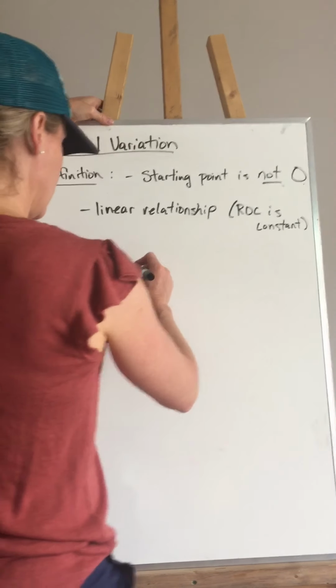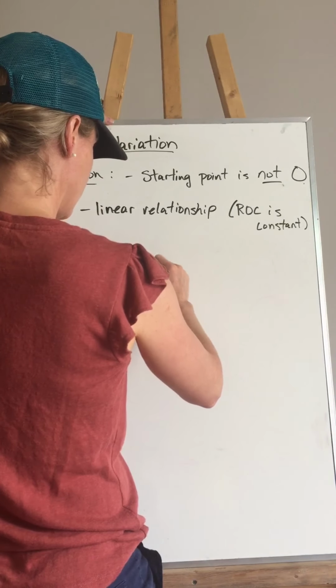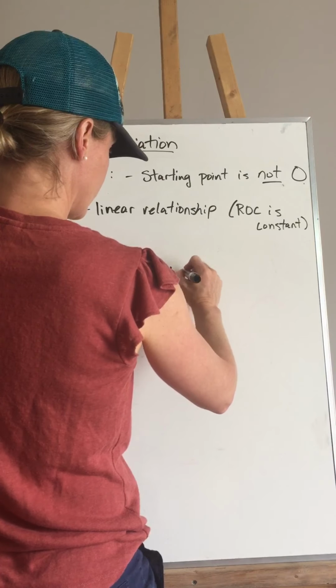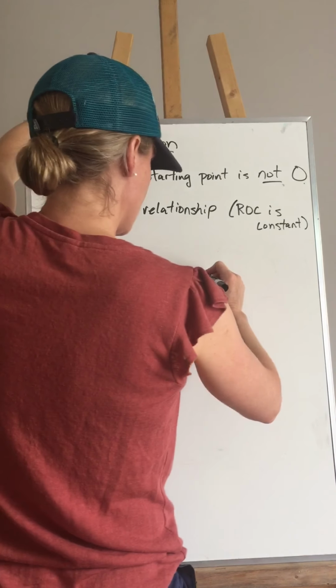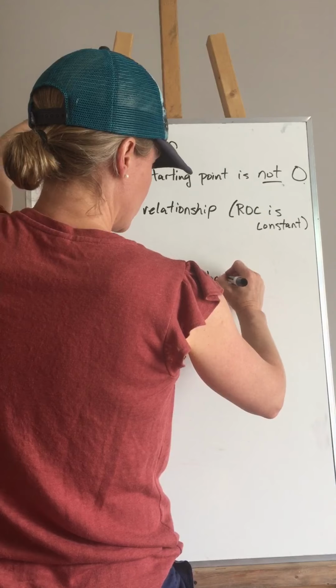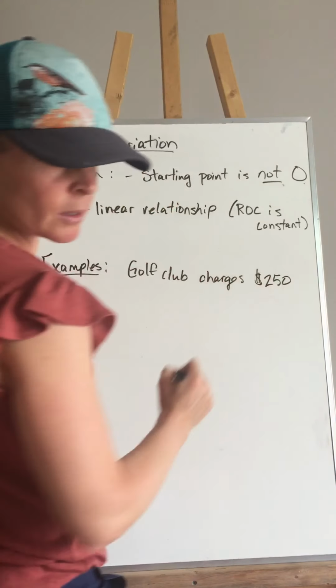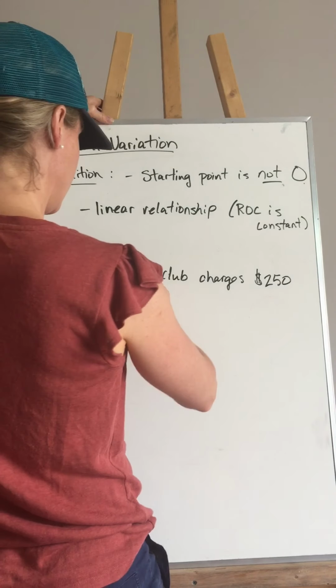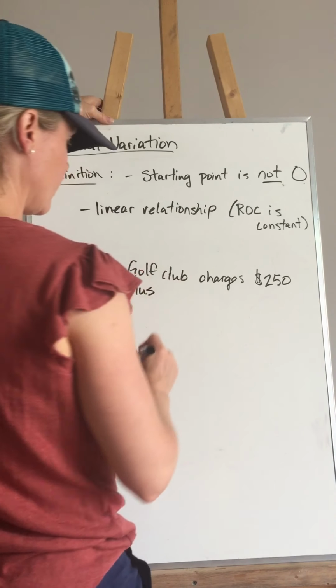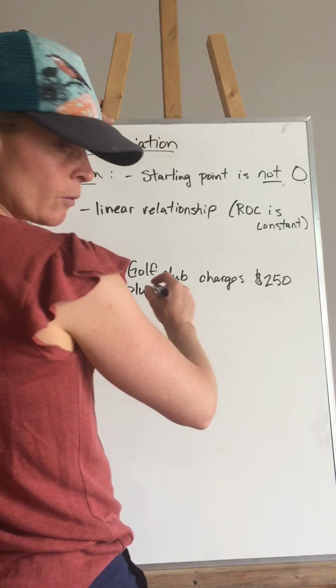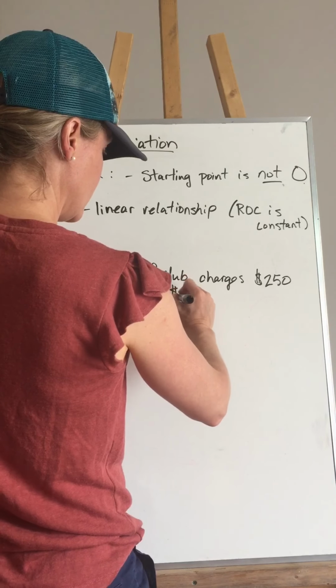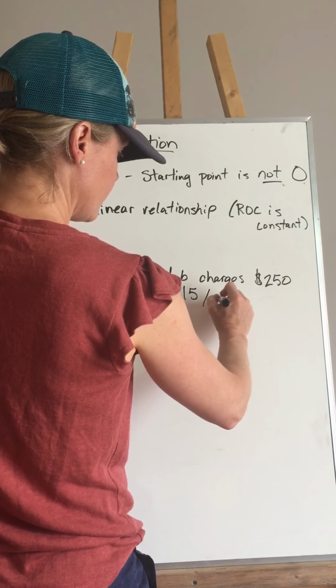Okay, so let's say there is a golf club. It charges $250 plus, let's say you're going to rent it out for an event, plus $15 a person.